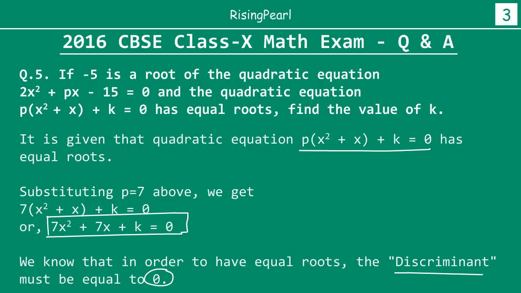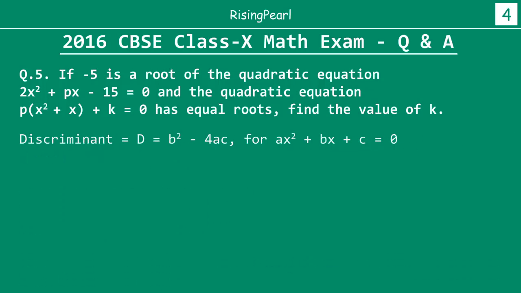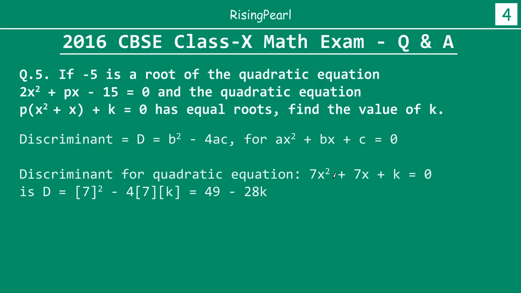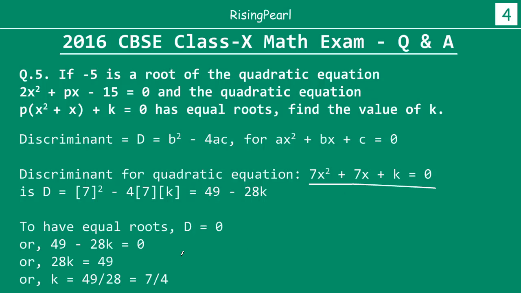The discriminant is nothing but b squared minus 4ac for ax squared plus bx plus c equals 0. That means if you write the quadratic equation in the standard form, then the discriminant is given as b squared minus 4ac. If we put the appropriate values, the discriminant for our quadratic equation will be D equals 7 squared minus 4 times 7 times k, or 49 minus 28k. When we solve this, we get k equals 7 by 4.